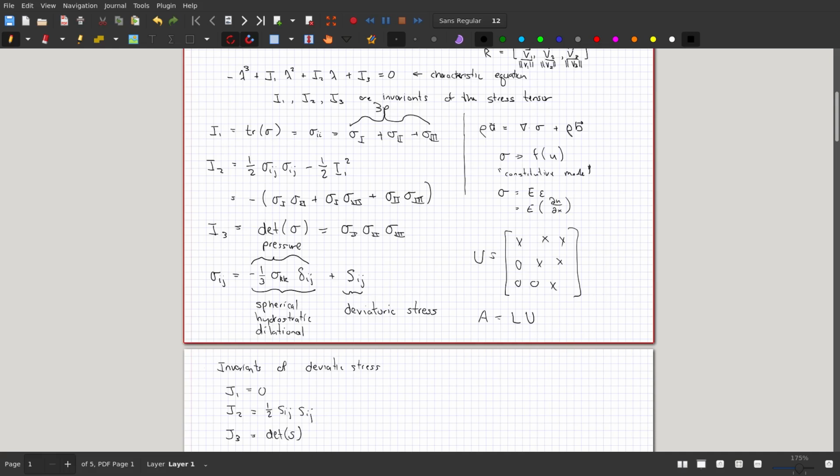It's the hydrostatic part of the stress, the spherical part, the volume changing part of the stress, whereas the deviatoric is shape changing.